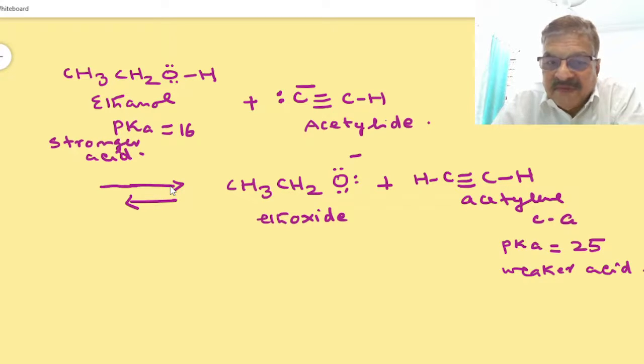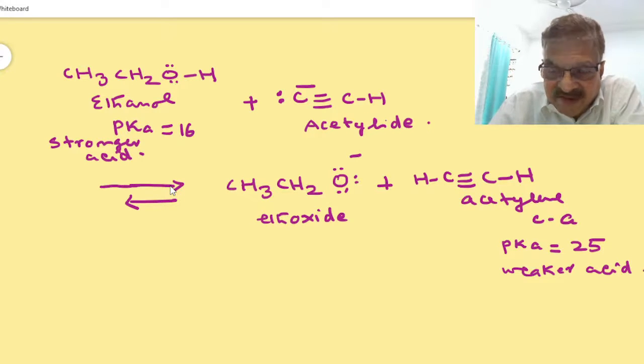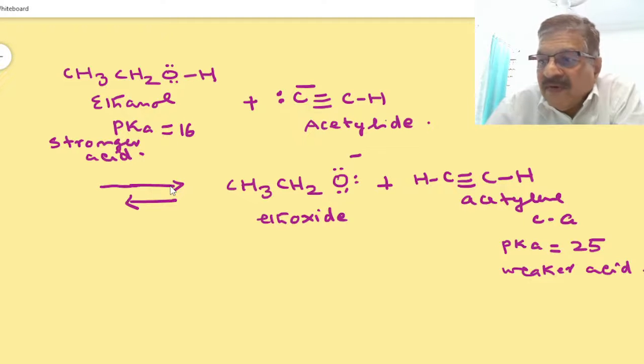Got the point? Therefore, an acid can be deprotonated by the conjugate base of any other acid having a higher pKa value, that is, a weaker acid. That is, the base acetylide here is strong enough to deprotonate ethanol.